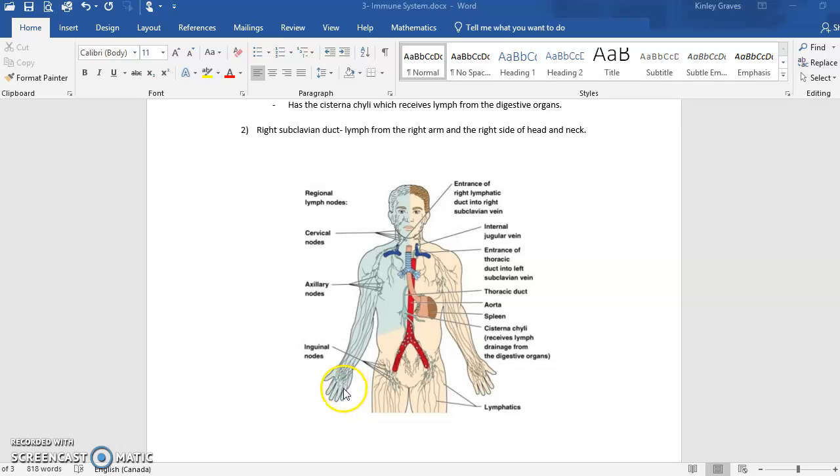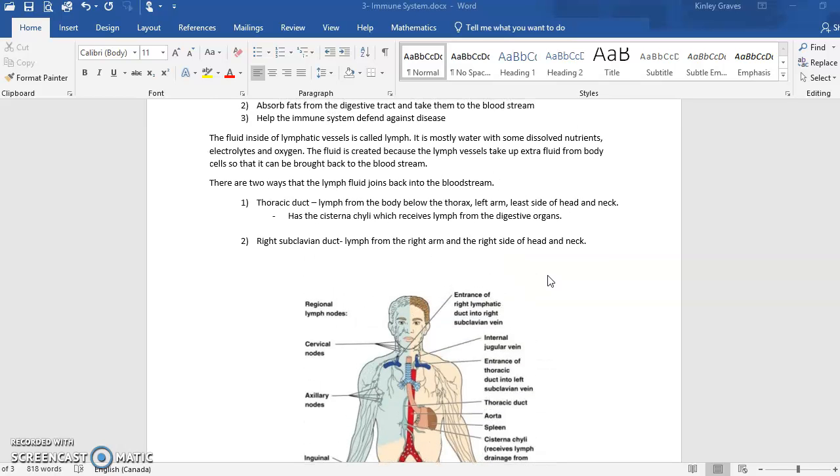The job of the lymph vessels is to take up some of that fluid and bring it back, and then it gets dumped into kind of the different areas of the heart, so that fluid can then join back into your bloodstream so your blood doesn't get too thick.